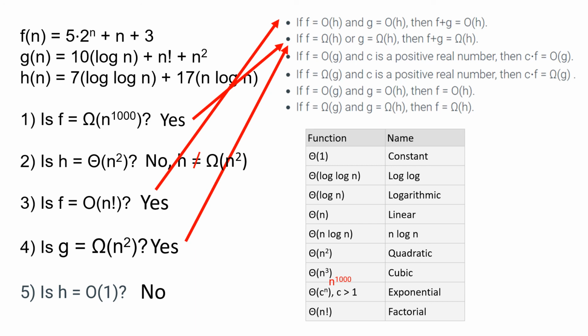Well, no, because if h is O of 1, then a constant multiple of 1 would have to eventually overtake these. But that doesn't happen. These do eventually overtake a constant, and end up growing quicker. So we would have to say no, that's not true.